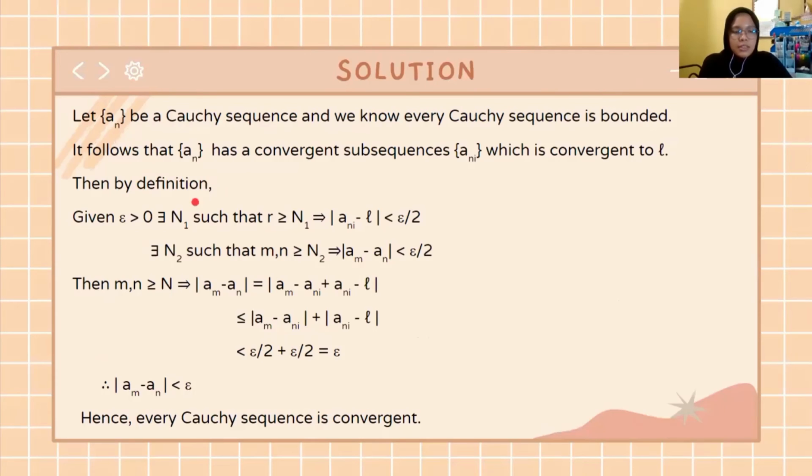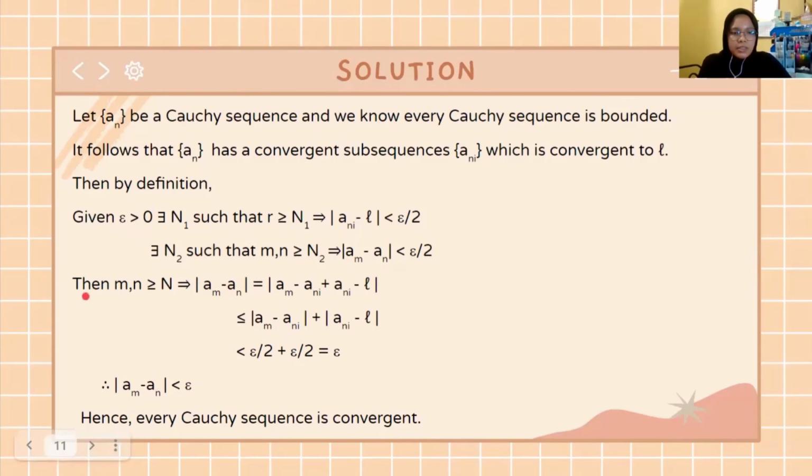Then by definition, given epsilon greater than 0, there exists n1 such that i is greater than or equal to n1, and we have |a_ni - l| smaller than epsilon over 2. And there exists n2 such that m and n are greater than or equal to n2, and we have |a_m - a_n| smaller than epsilon over 2.